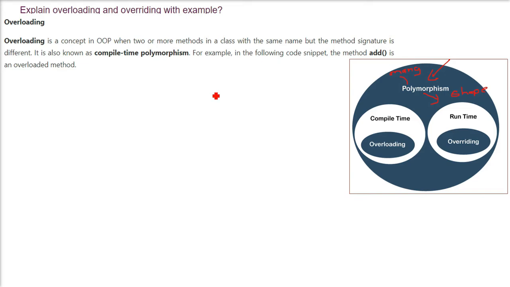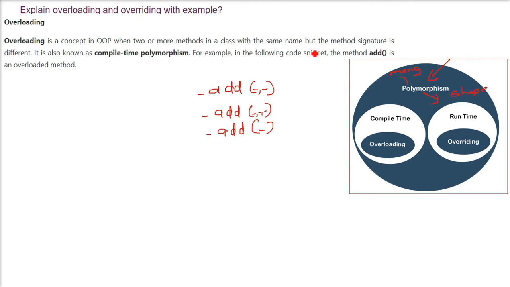So for example, if I have a function add, now this is one function. Now if I make multiple functions with the same name add in a class, the function name will be the same, and only the difference will be the parameters coming inside and also the return type.